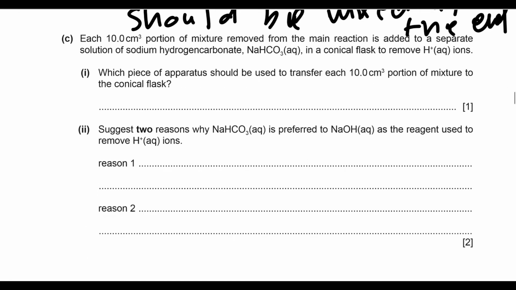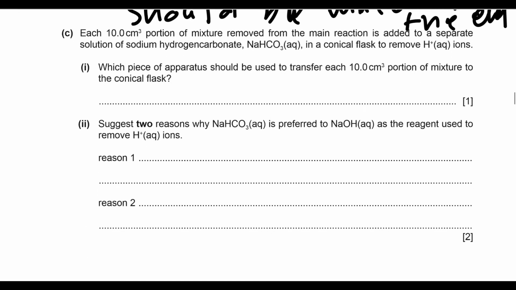In question C, each 10 cubic centimeter portion of the mixture is removed, as we have explained at the beginning. So after an interval of 10 seconds, 10 seconds, or 20, you will remove 10 cubic centimeter from the mixture, and it is added to a separate solution.